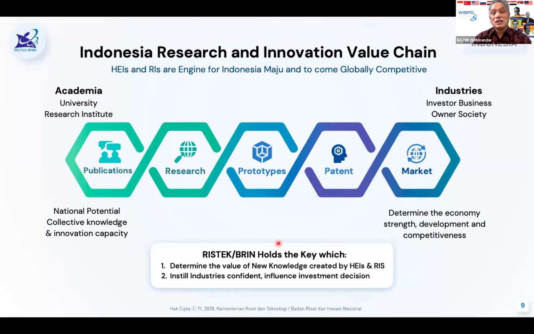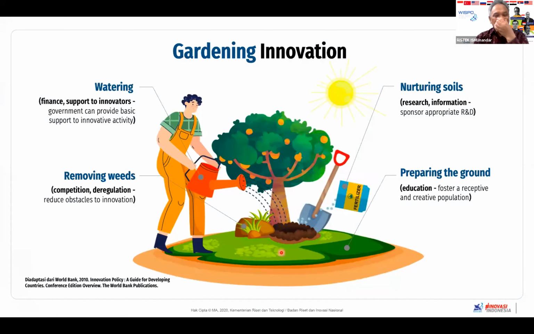So we, as a research agency in Indonesia, determine the new knowledge created by higher education institutes and research institutes, and we also instill industry confidence and influence investment decisions through these activities.